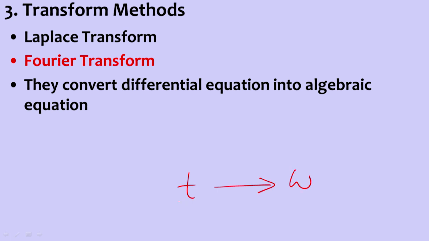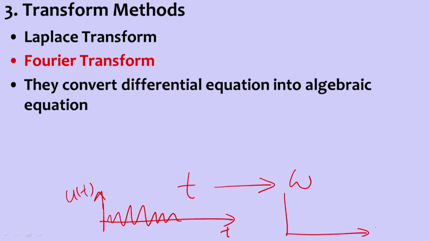Here the equation is represented on the time scale, amplitudes are represented on the time scale. In this one, amplitudes are represented on the frequency scale, so u cap of omega. In this one what we get is the energy or the amplitude of vibration at different frequency levels, whereas in the time history analysis, which comes from the differential equation approach or the classical method, we get the time history at each time, and here we get the amplitude of vibration at each frequency level.